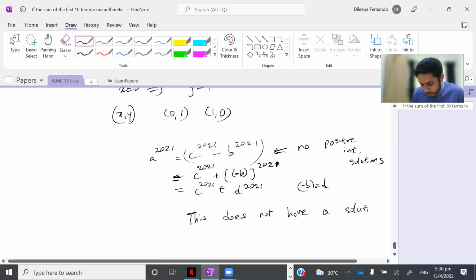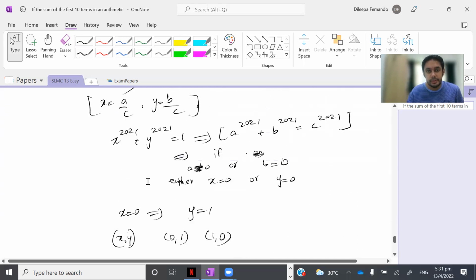This does not have a solution with one variable negative. And if two variables are negative, obviously there's no solution.